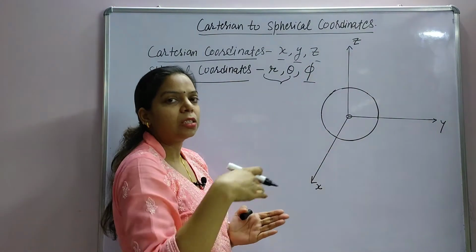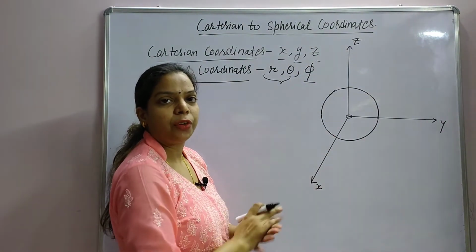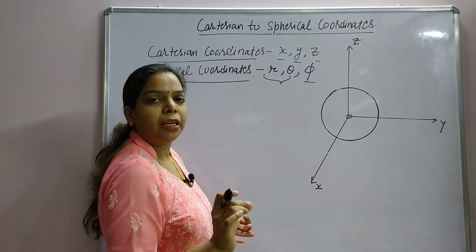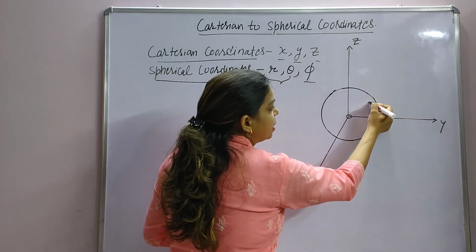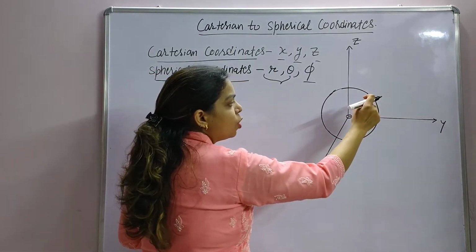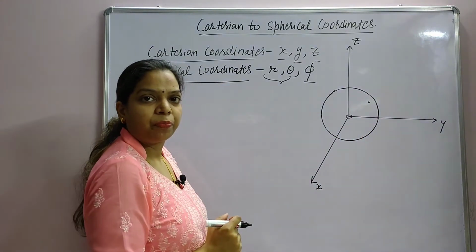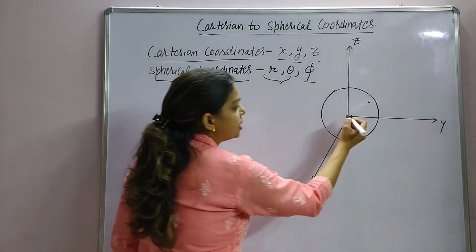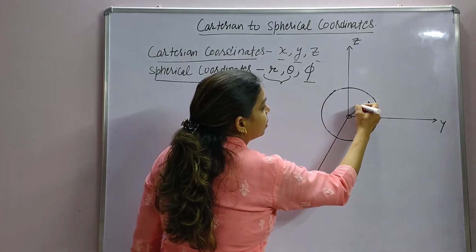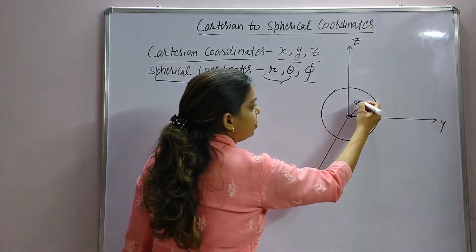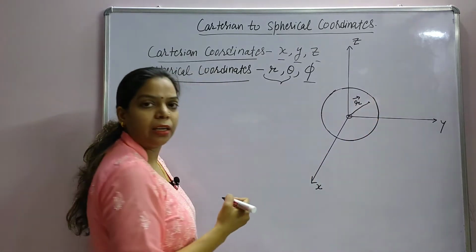So the electron is moving on the surface of a sphere. At any time t, I assume that the electron is present here somewhere. This point is on the surface of this sphere. The distance from the origin to this electron will be r, and this is a vector quantity.